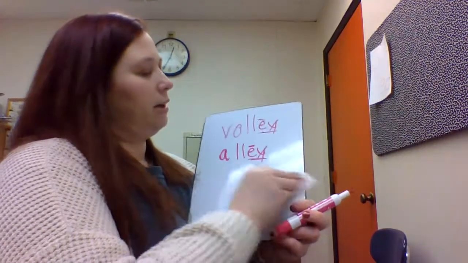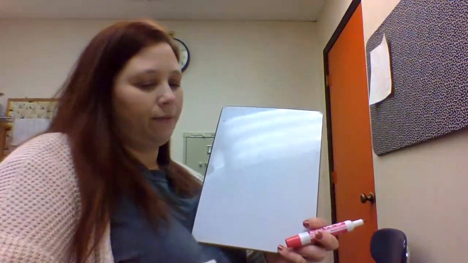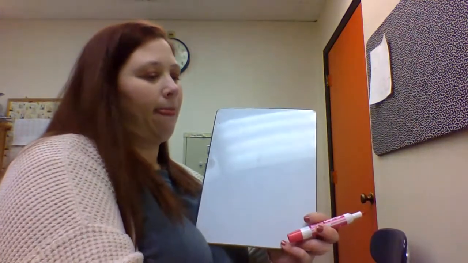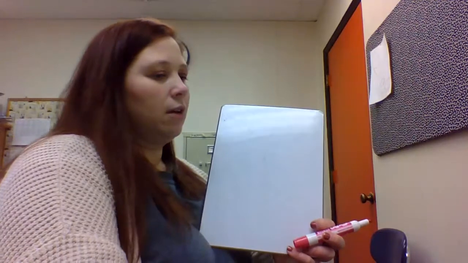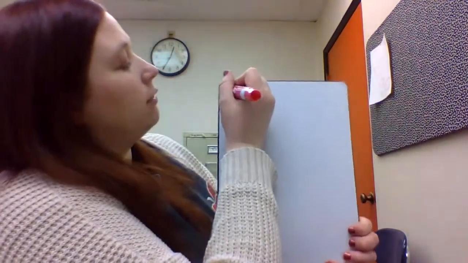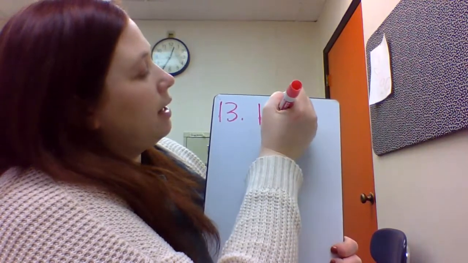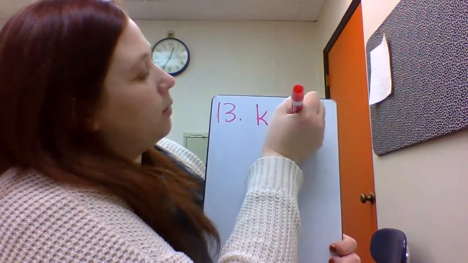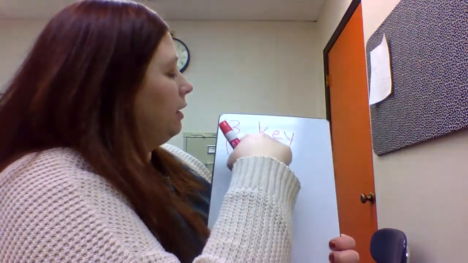All right, let's practice spelling a couple of words with this EY. We're going to spell key to start with. Number 13. Key. We know that was K and then EY. Number 13. Oops, we were on 13. Number 14.